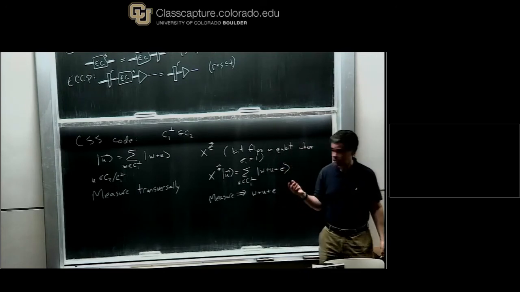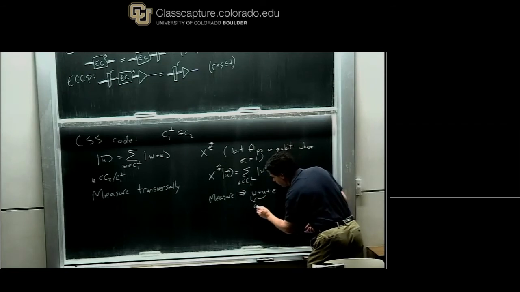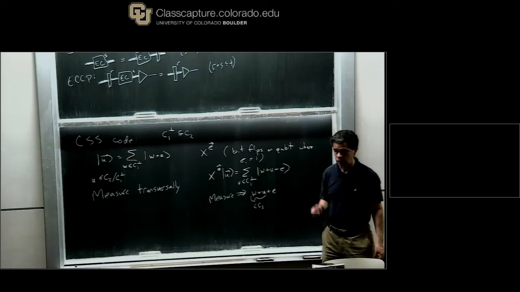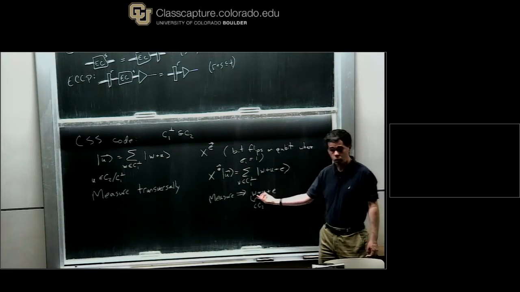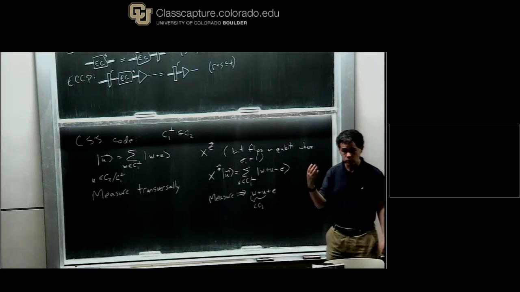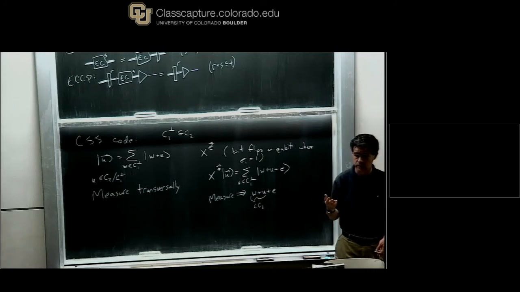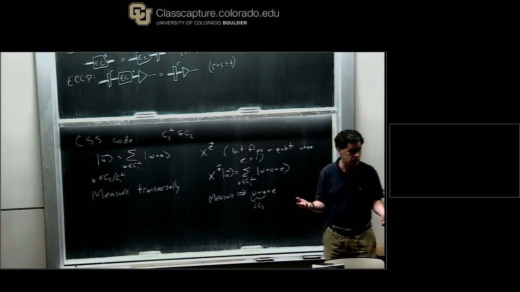Now remember, this thing here is in C2, and this is an error. And so remember, in classical coding theory, if we had a state that was a code word plus an error, we could identify what the error was by using the parity check matrix to measure the error syndrome. And this is a classical code word, so we can do the same thing here, right?